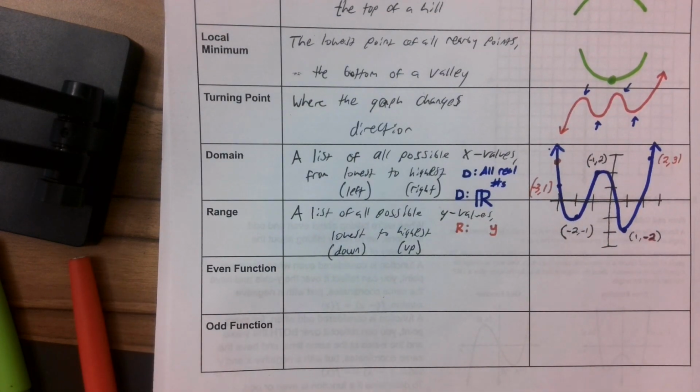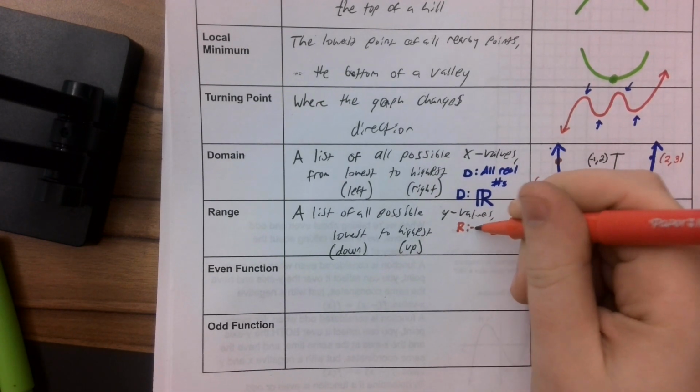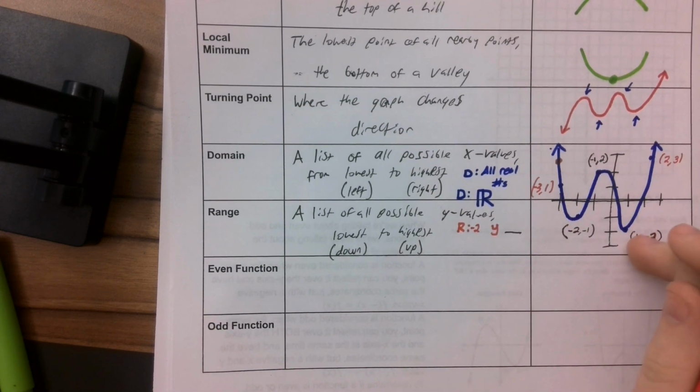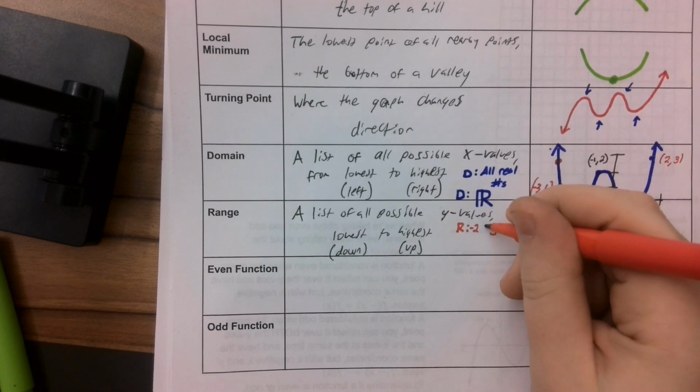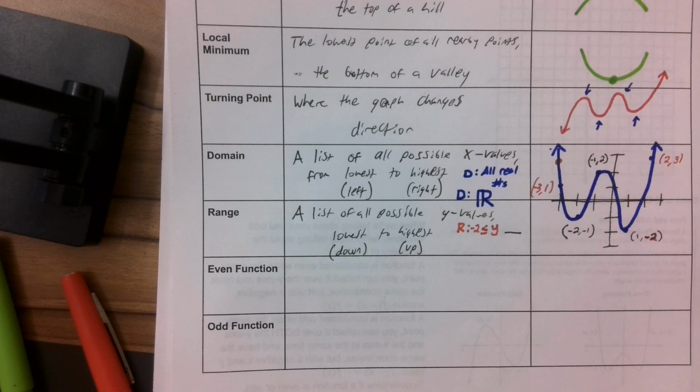So since we don't know a highest value, we keep the right side blank. But we do know a lowest value, -2. And since -2 is lower than all the other y values, we say -2 is less than or equal to y. That's our range. We'll do some more examples of this a little later, but it takes practice.